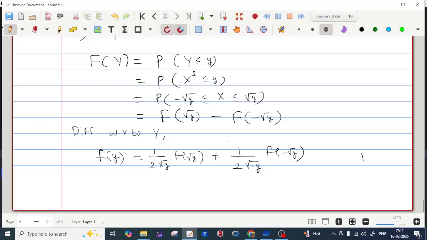Since the function is even, f of root y equals f of minus root y. So this is equal to 2 times, the 2 gets cancelled, f of root y upon root y only.